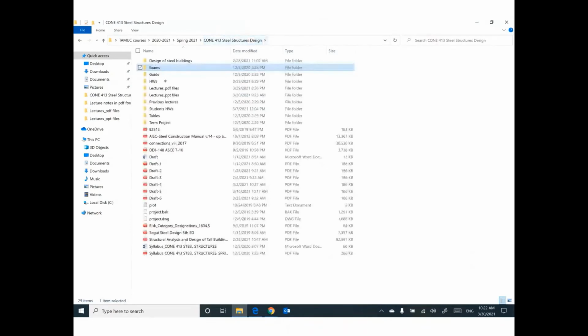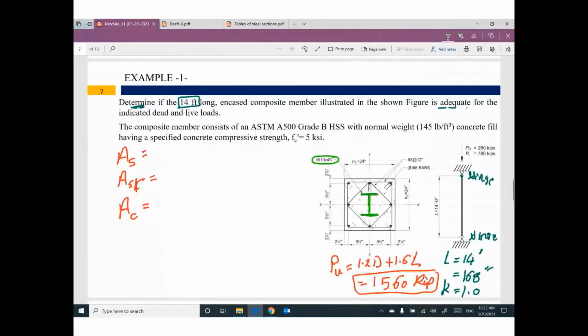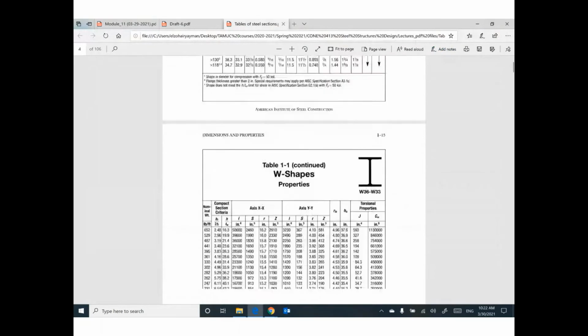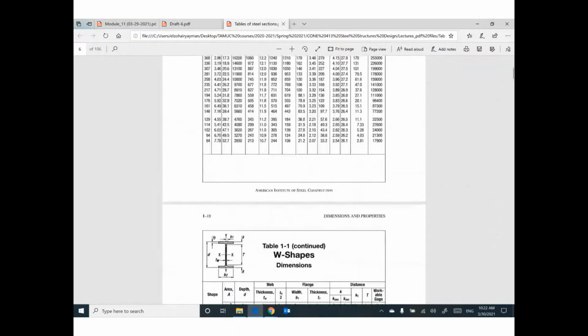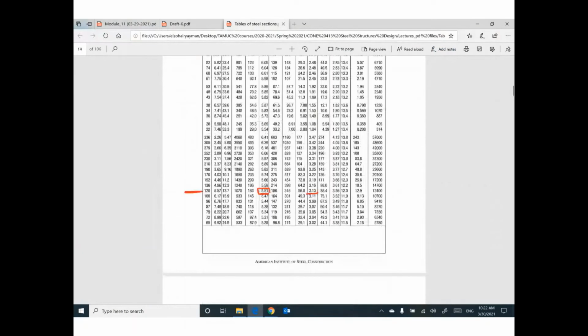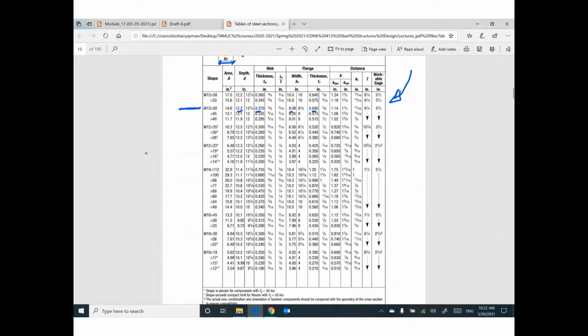So I'm going to open my tables and look at this cross section, 10 times 45.